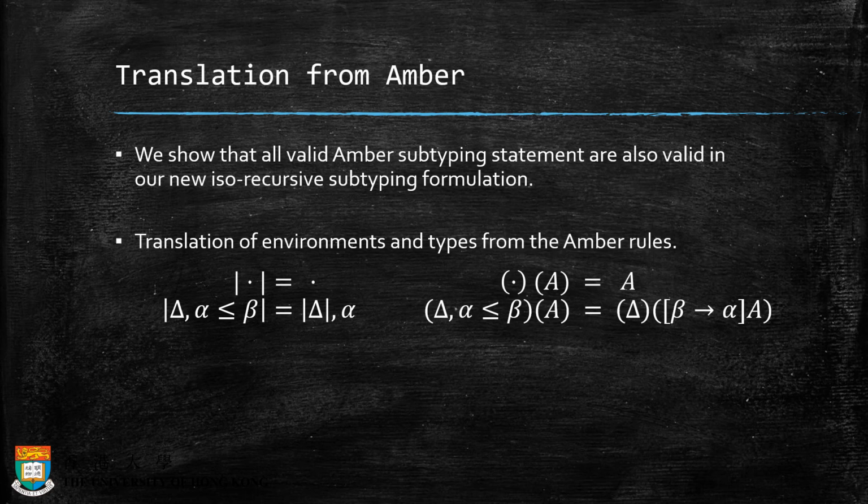Therefore, for a pair of iso-recursive types under Amber rules, after translation, the left type doesn't change while the right type uses the same type variable as the one in the left-hand side. We prove that if 2 iso-recursive types are subtyped under the Amber rules formulation, they are also subtyped under the double unfolding rule.